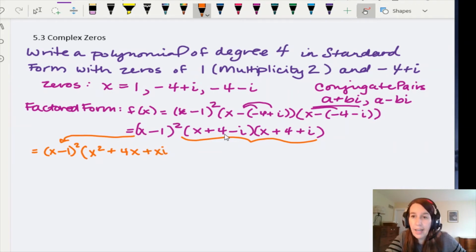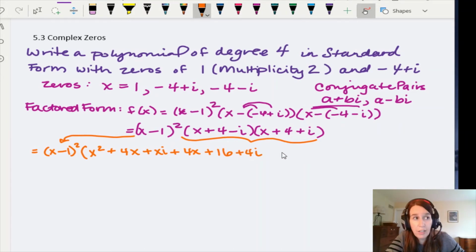All right, now go to the middle term here, this 4, and multiply it by all 3 terms in the trinomial. So 4 times x is plus 4x. 4 times 4 is plus 16. 4 times i is plus 4i.